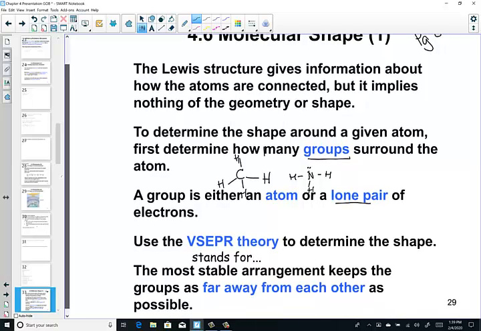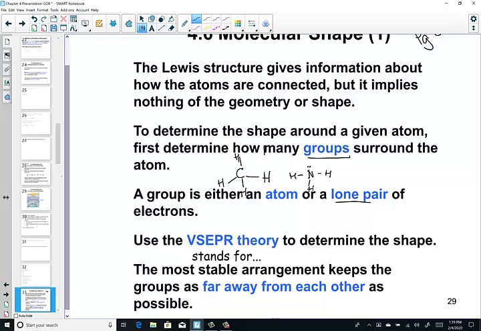When determining the molecular geometry around a central atom, we look to see what it's attached to. The attachments are bonds leading to atoms, or they are unbonded lone pairs. We use VSEPR theory, which stands for valence shell electron pair repulsion theory. The valence shell holds the outermost electrons.